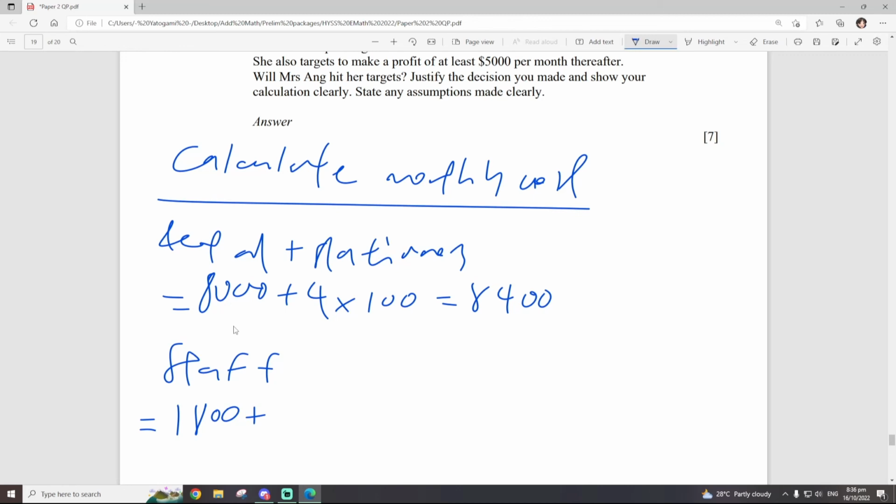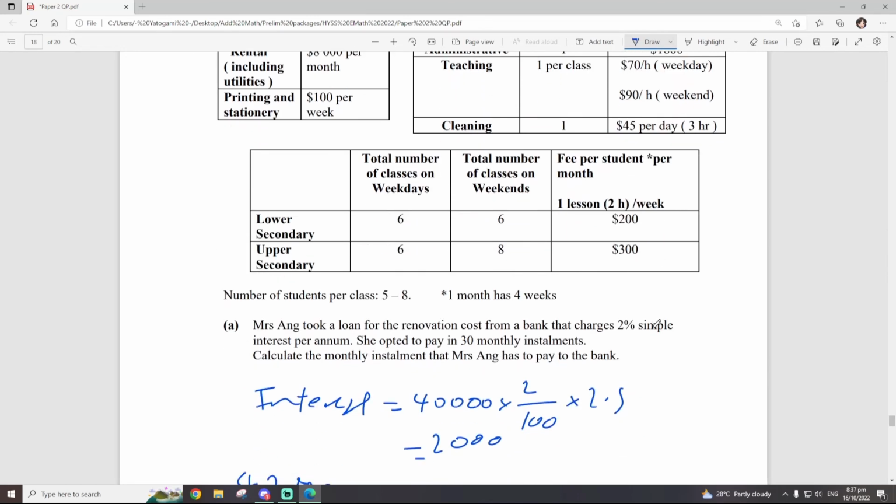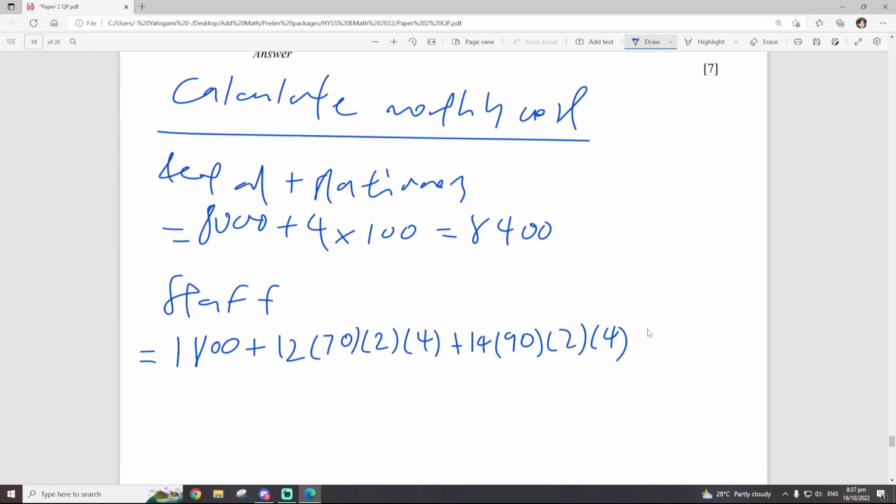Now you have 12 staff, and you need to pay them $70 per hour for 2 hours for 4 weeks, and you need to also pay the 14 weekend ones $90 per hour for 2 hours for 4 weeks, and you need the cleaning person, which is 45 per day for 3 hours, for 30 days. And you can go ahead and figure out what this is.